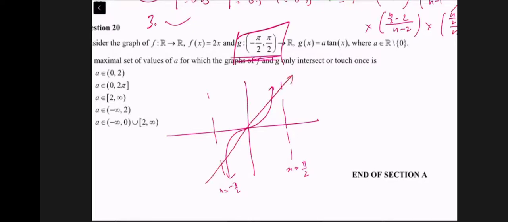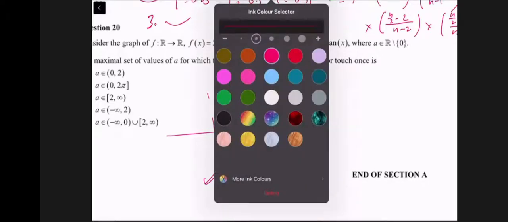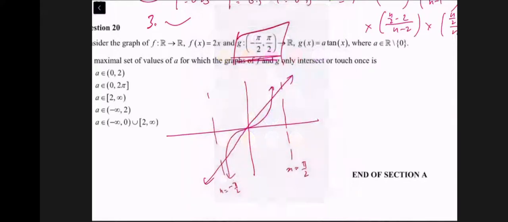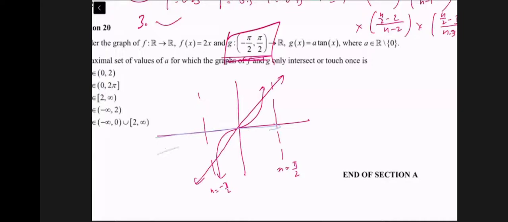The way I've drawn it now, you can see we have 3 solutions, which is not what we want. We only want one solution. So if we want only one solution, I'll draw it again in blue. You want it to be either here or... sorry, that's not what I was trying to draw.